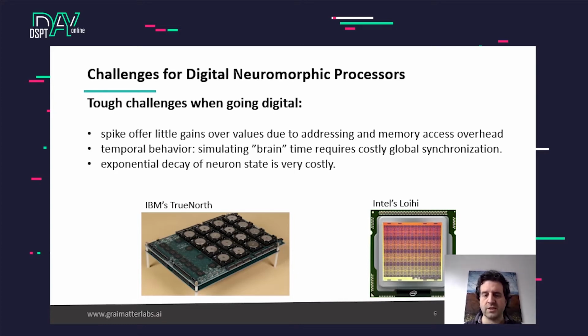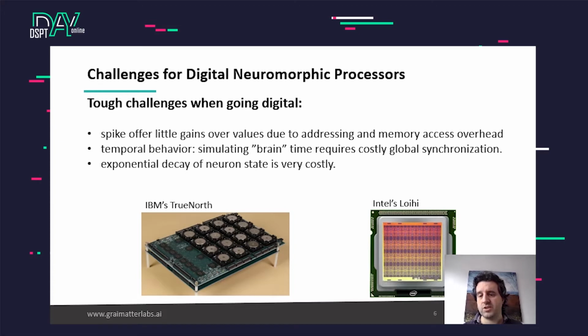If that is the case, the overhead of sending a full value compared with sending just a spike is not very big. Since most of the cost is in sending the address, you really don't save too much in the communication if you just send a pulse or if you send an actual word.